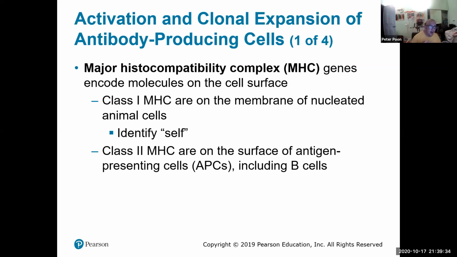They help identify self. So a white blood cell, or more specifically a T cell, will come along and make sure that you have MHC1 molecules on your surface. So they'll come and identify itself.